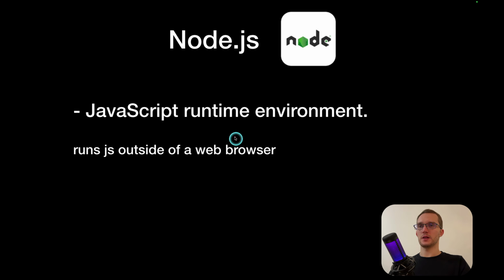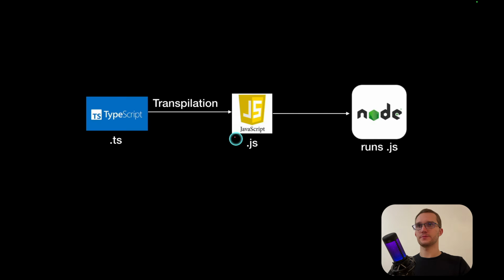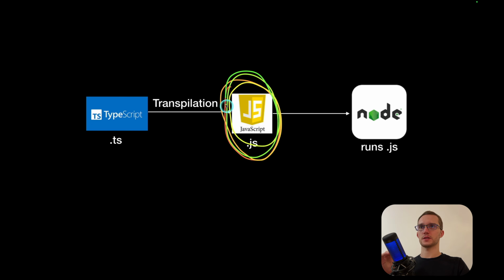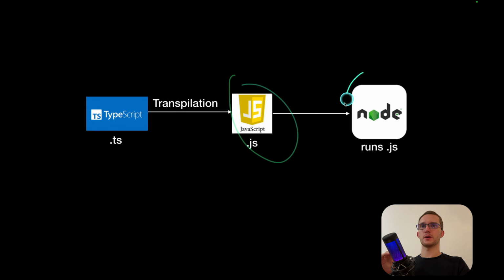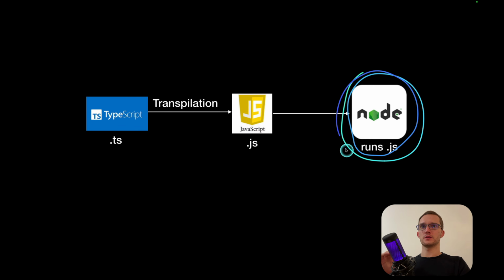So, okay, let's put it all together. So first you write your tests in TypeScript, then your files are transpiled into JavaScript. Under the hood you don't see this, but this happens. And then JavaScript is run by Node.js.